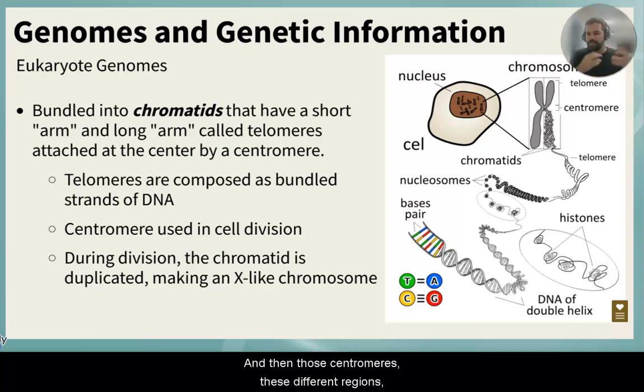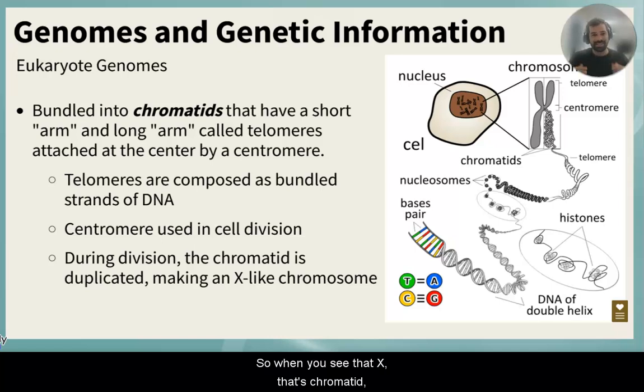And then those centromeres, these different regions, end up being involved during cell division. During division, each of these chromatids actually gets duplicated into this shape that looks more like an X in most of our human chromosomes.